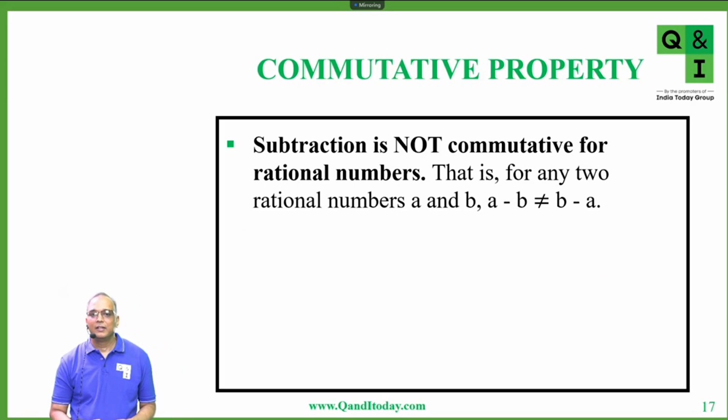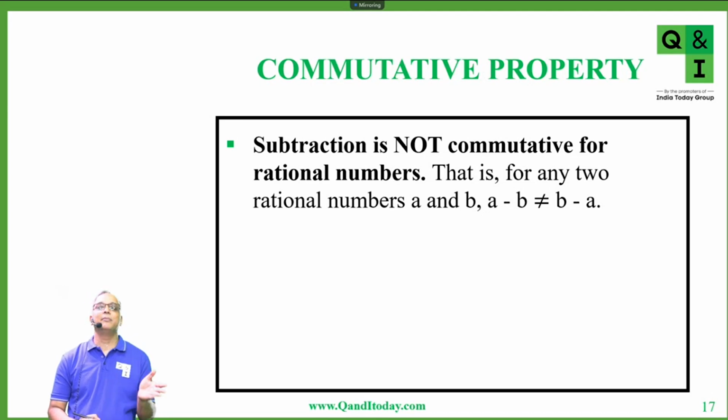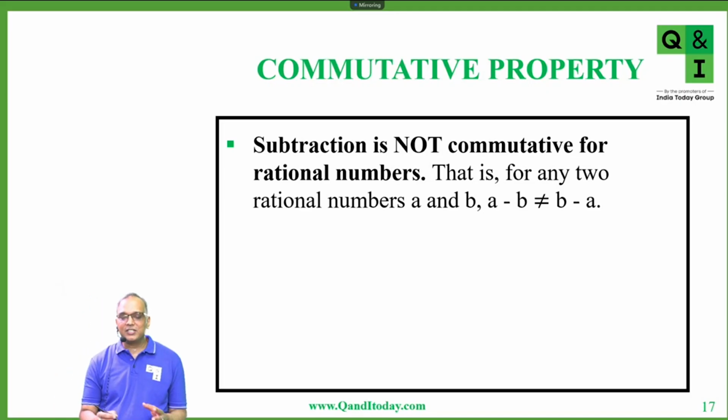Yeah, it is not commutative because normally also if you check for integers, natural numbers also, you will see that 2 minus 3 will be minus 1, but 3 minus 2 will give you plus 1. So for any number you will see that subtraction is not commutative. So subtraction is not commutative for rational numbers.